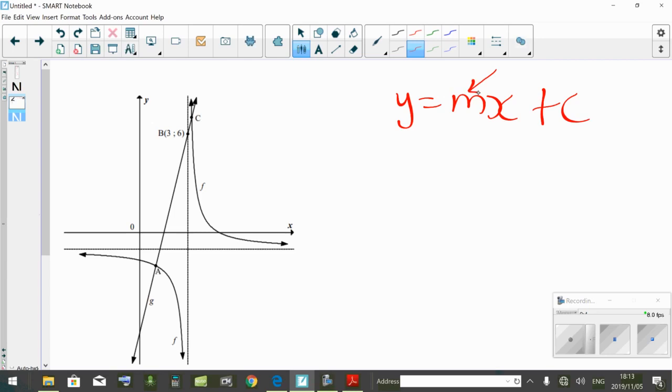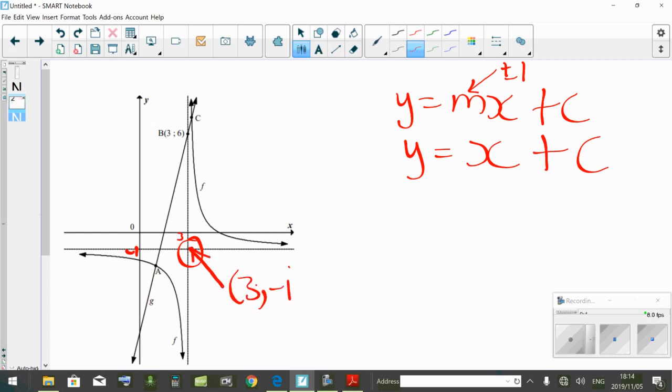For an axis of symmetry of a hyperbola, m is either plus or minus 1. So in this case, since we want a positive gradient, we know it's y is equal to x plus c. And then we choose an additional point which we'll get from the point of intersection of the asymptotes. We know that this point is 3 and this is negative 1. So this makes our coordinate here 3, negative 1. So we take that and substitute here.